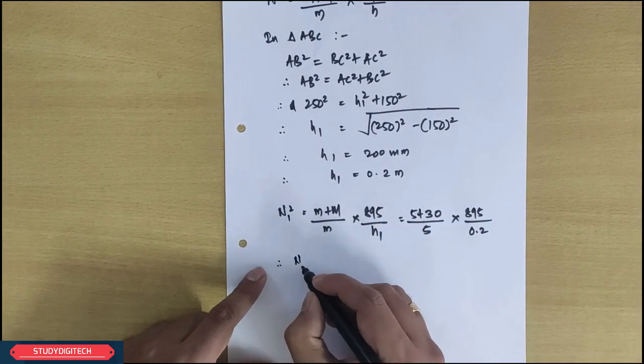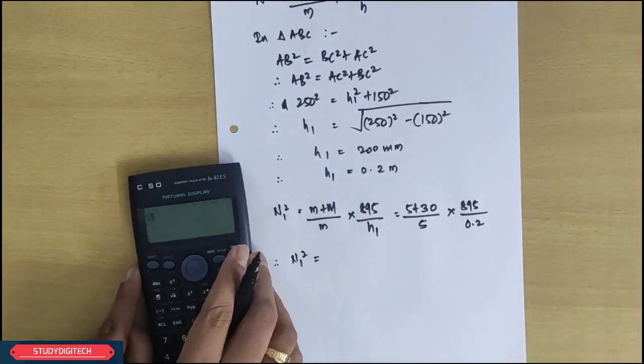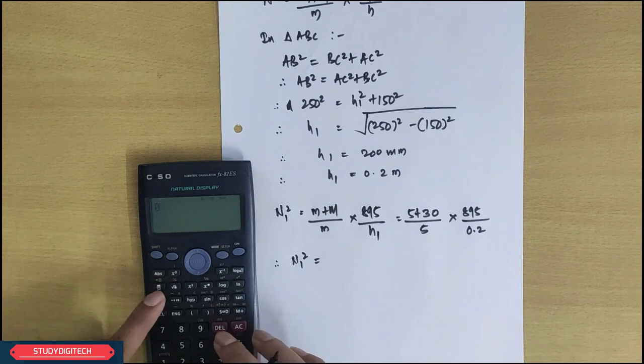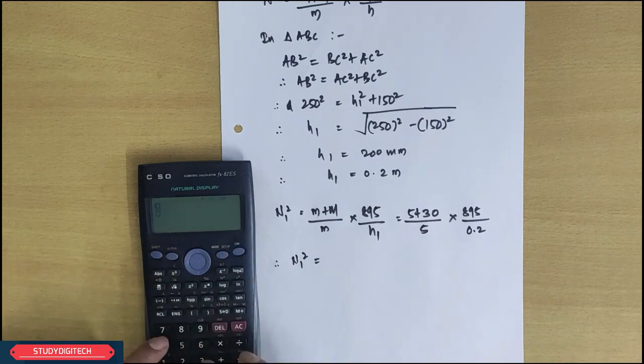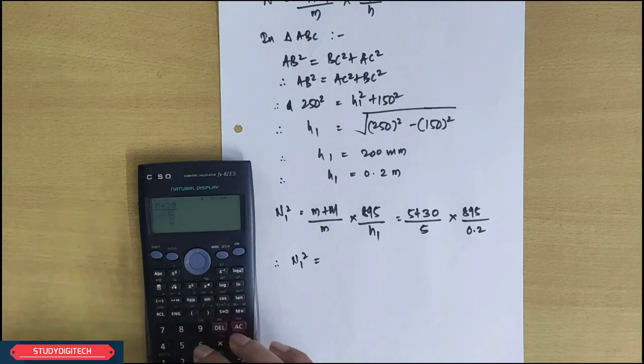Therefore n1 square is equal to (5 plus 30) divided by 5 into 895 divided by 0.2.